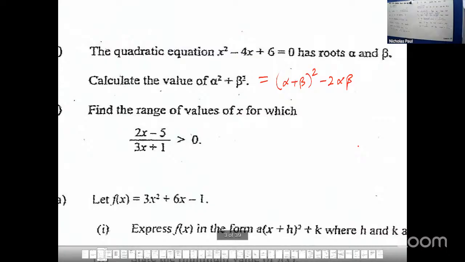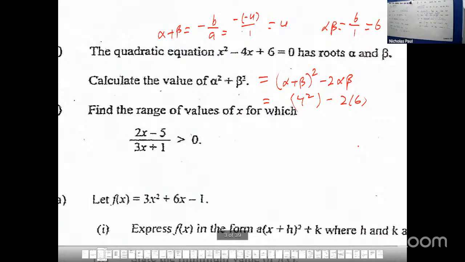What is alpha plus beta? Alpha plus beta is minus b on a, so that'll be minus minus 4 on 1. So alpha plus beta is 4. And then alpha beta is c on a, which is 6. So that's 4 squared minus 2 by 6.